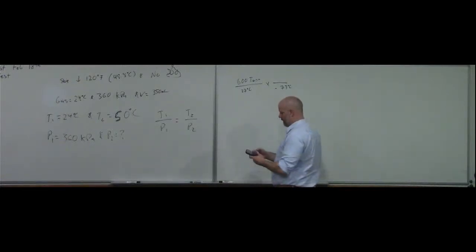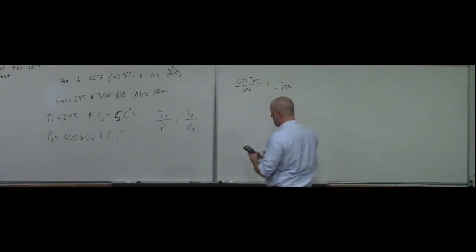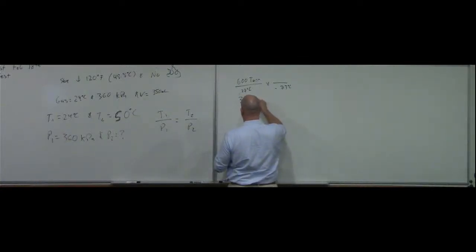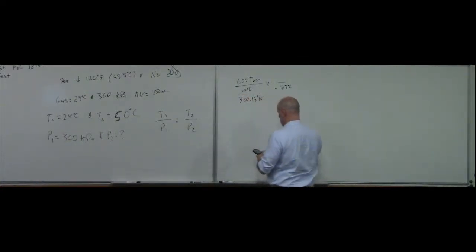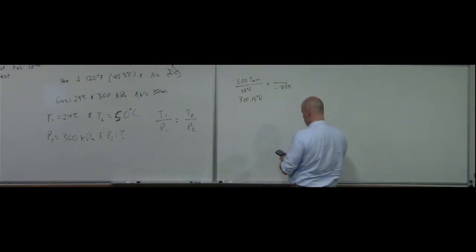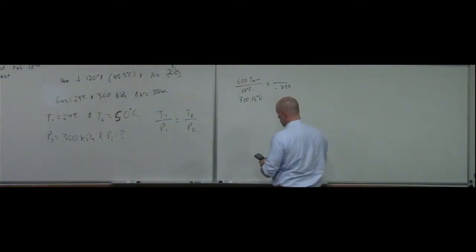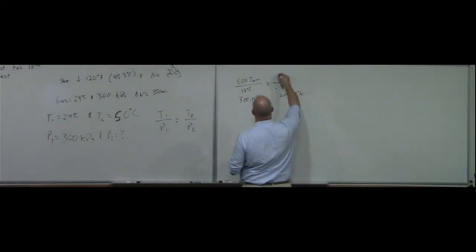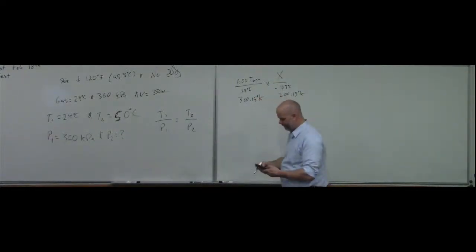So, remember, to do this, we've got to go 27 plus 273.15, which is going to put me at 300.15 degrees Kelvin. Right, and now I'm going to go 273.15 minus 73. It's going to give me 200.15 degrees Kelvin, and I'm solving for x, right?